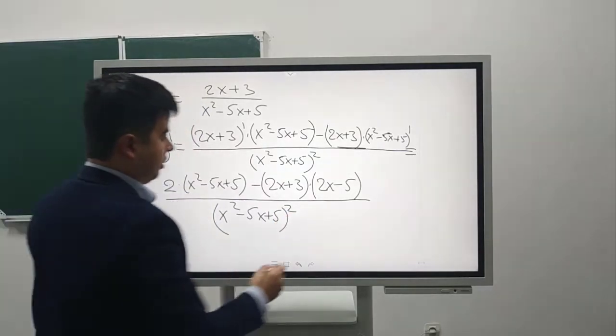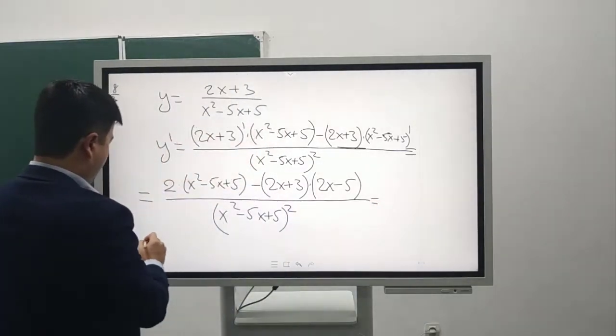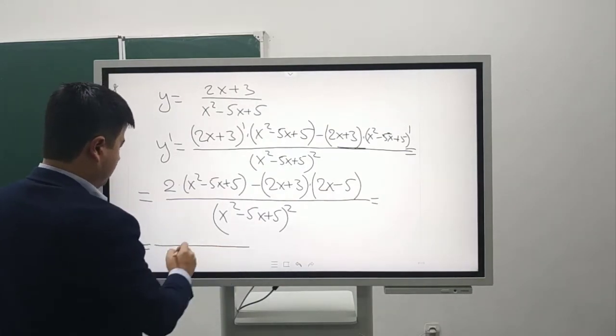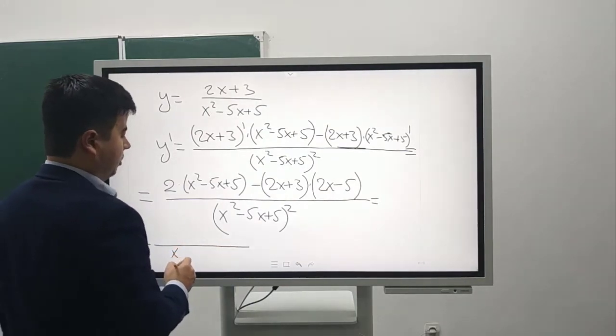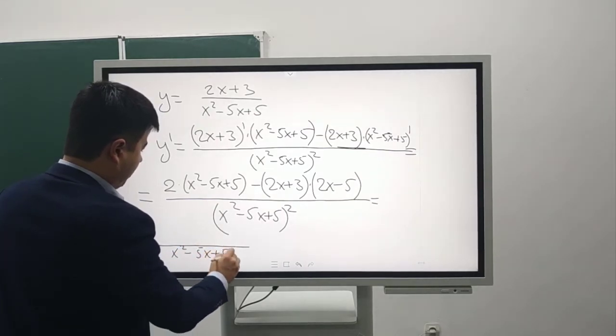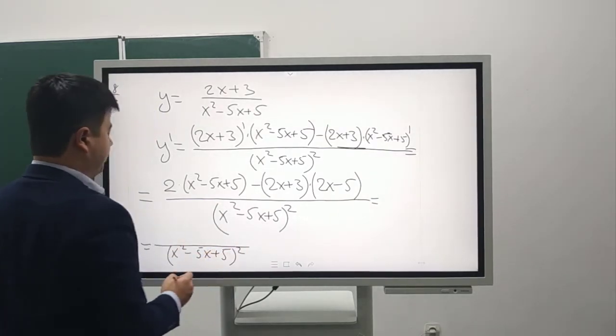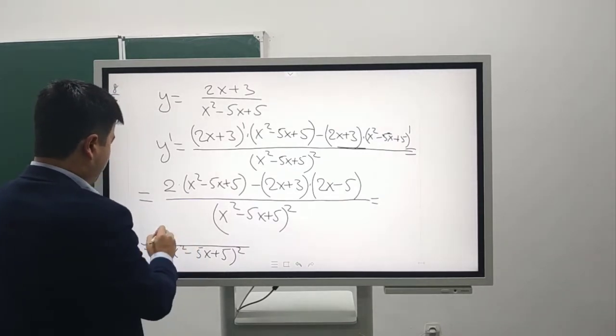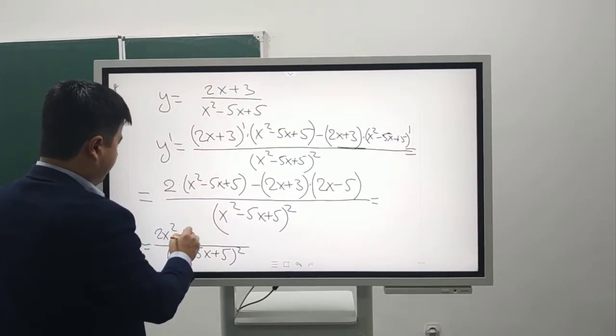Okay, if we continue, here we get the denominator will not change, x squared minus 5x plus 5 squared, and the numerator is 2x squared minus 10x.